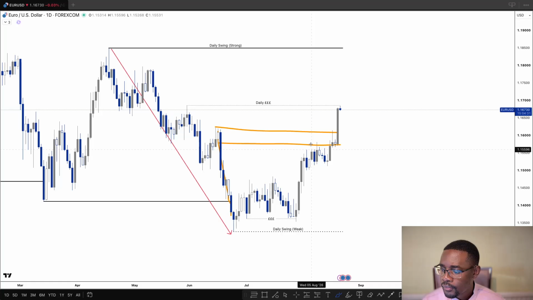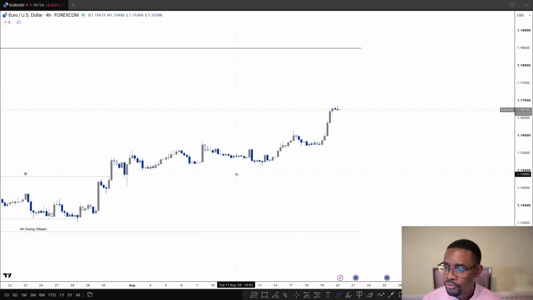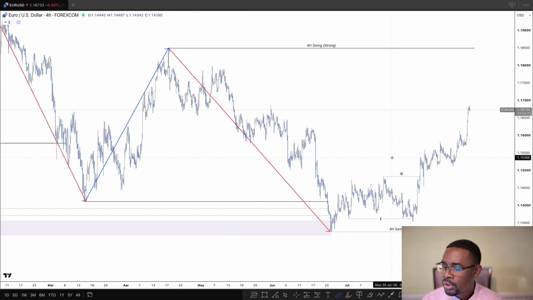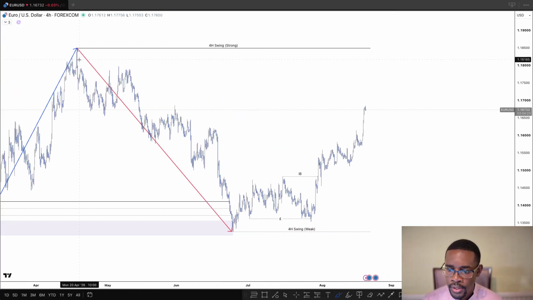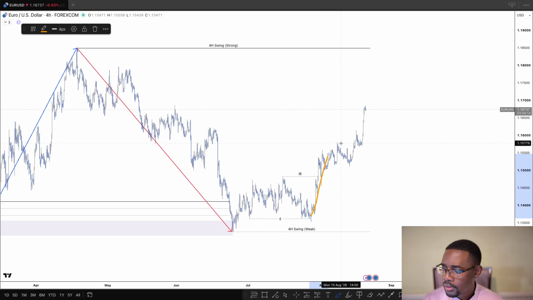So let's zoom in for details. Looking at the 4H, our swing still remains the same. This is our swing range, this is our swing low, swing high, and our internal is bullish.